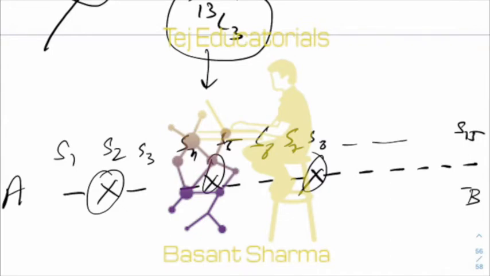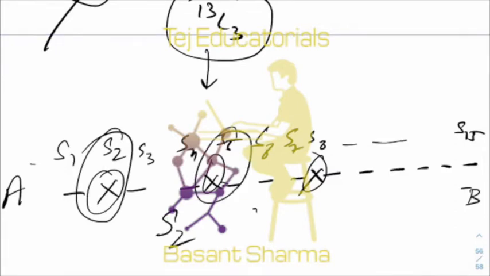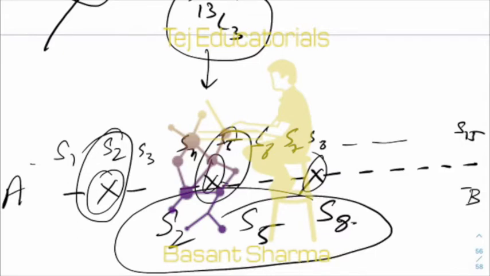Once you have selected 3 gaps out of the 13 gaps made, just put the station numbers and you will get which stations you have chosen. In this case, you have chosen S2, S5 and S8.